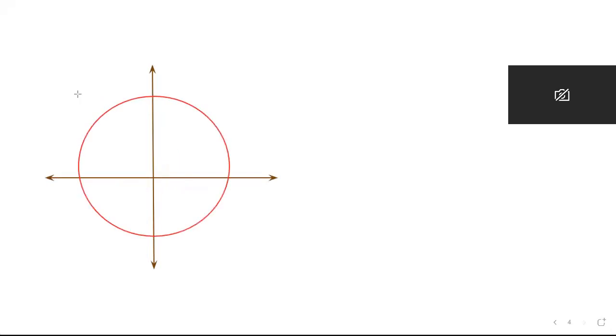Now, I'm going to do the same thing. I'm just going to draw X and Y coordinates. What else I'm going to do is that I'm going to have this unit circle there. And from this unit circle, I'm going to have a line.